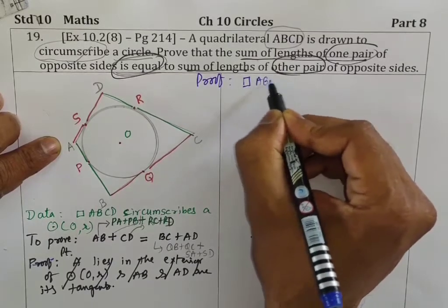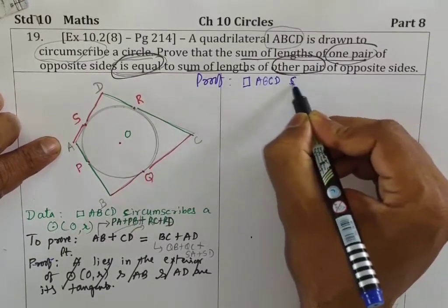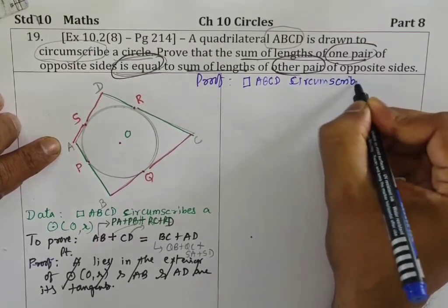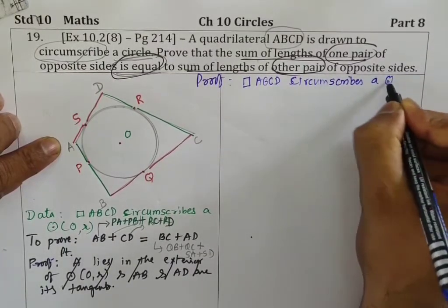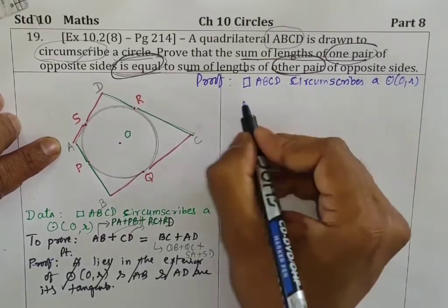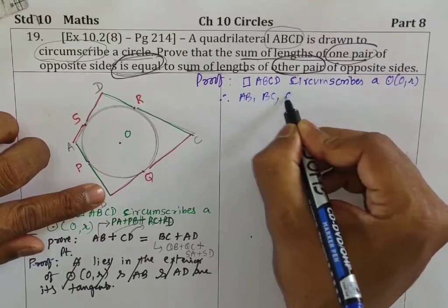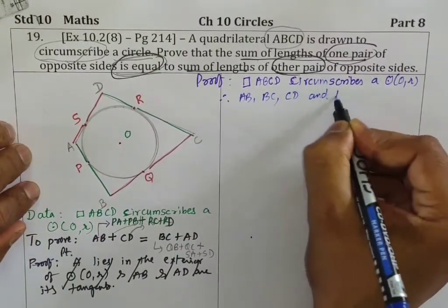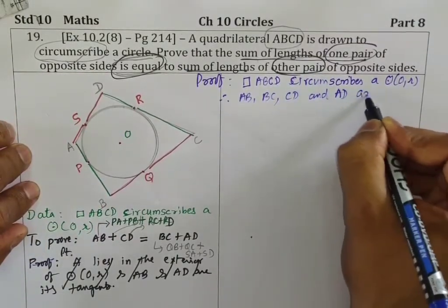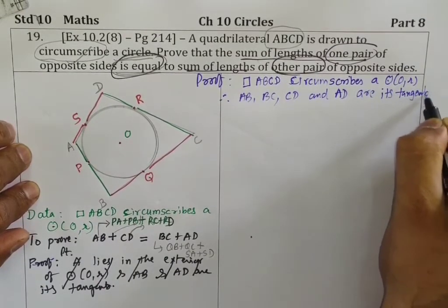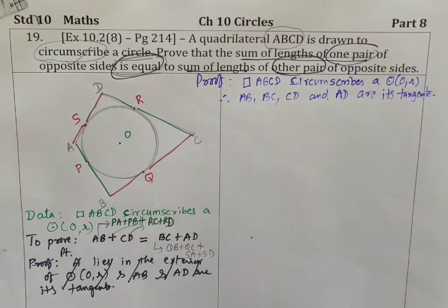Quadrilateral ABCD circumscribes a circle with center O and radius R. Therefore, AB, BC, CD and AD are its tangents. Correct? They are its tangents. Okay, children?